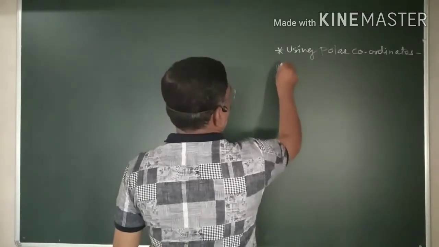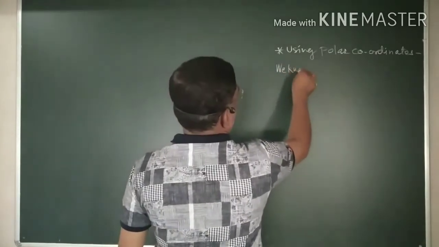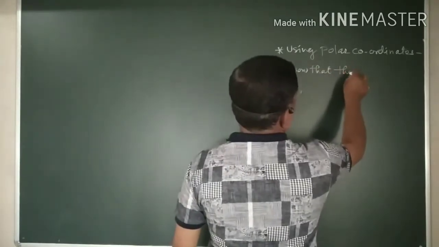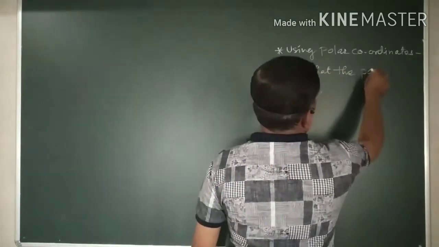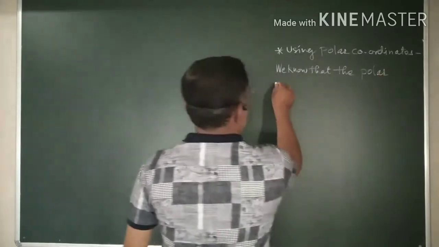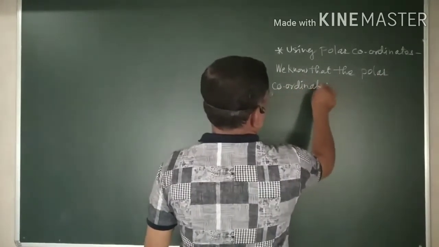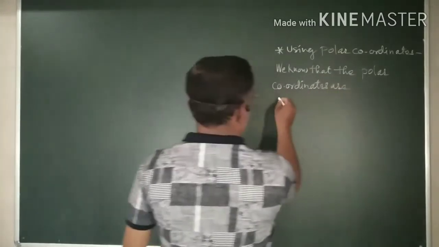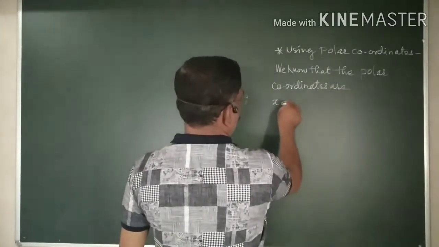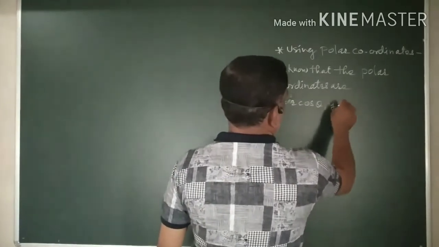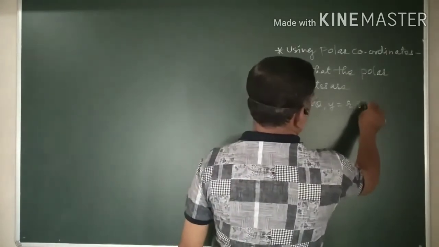We know that the polar coordinates are x is equal to r cosine of theta, y is equal to r sine of theta.